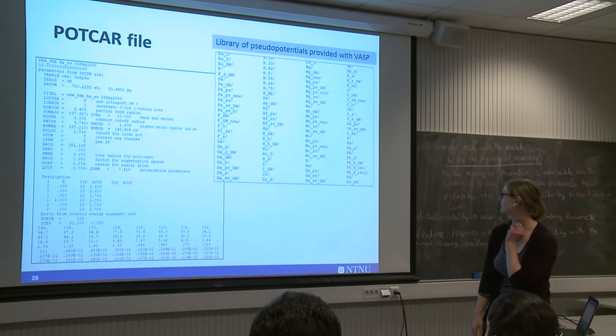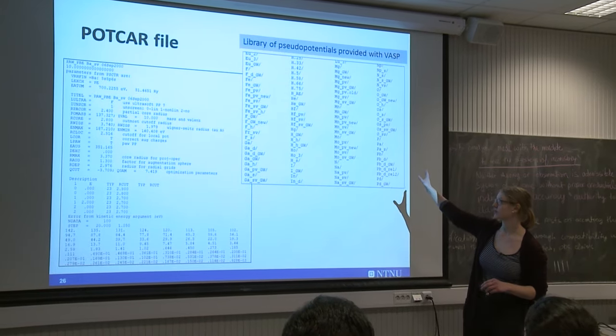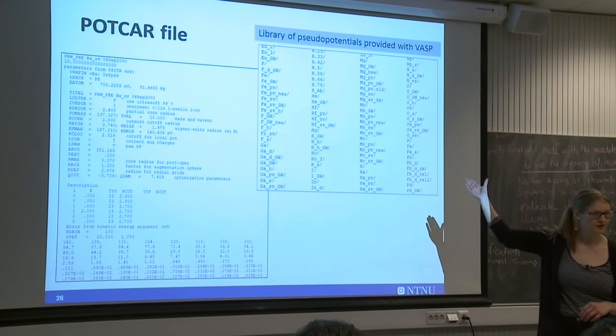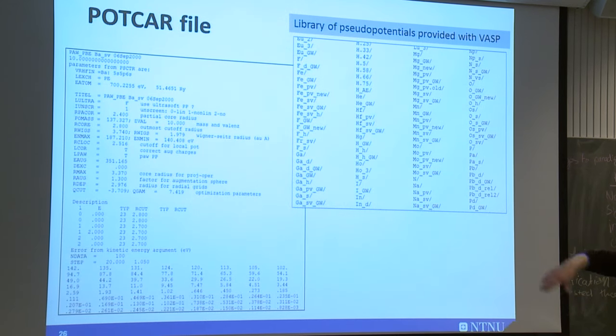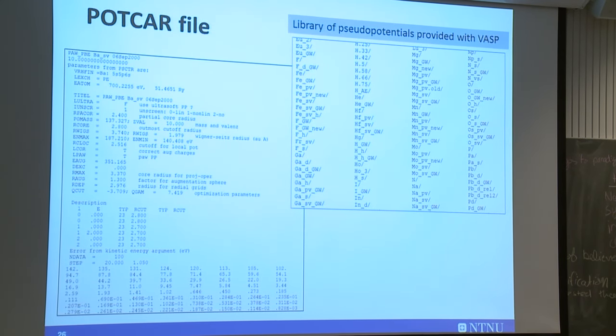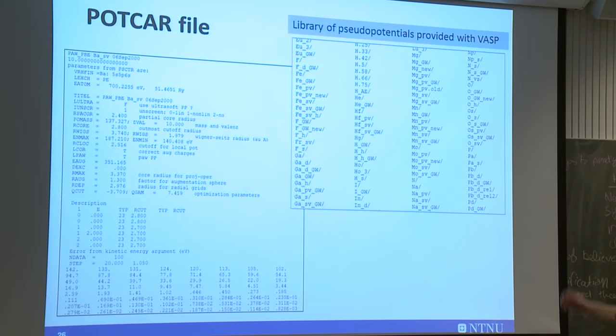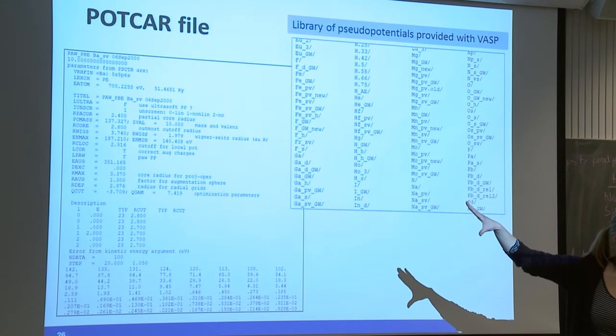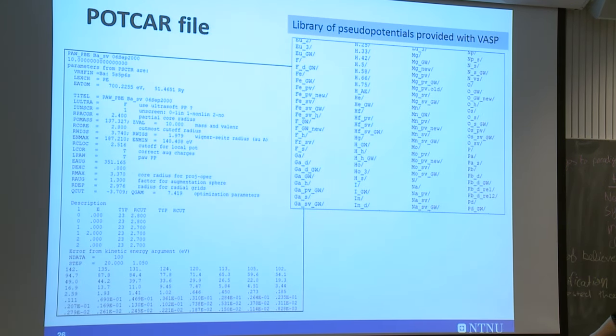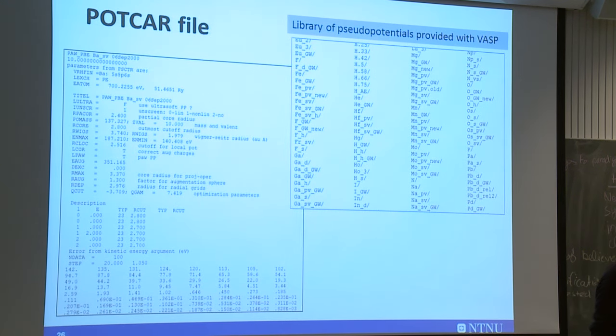POTCAR file. So in VASP, you get a big library, so you have pseudopotentials for all the different elements in the periodic table. And so you just copy and paste all your elements into your POTCAR file, and you get a big file, basically.